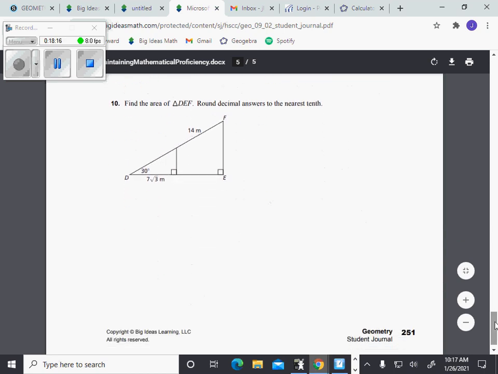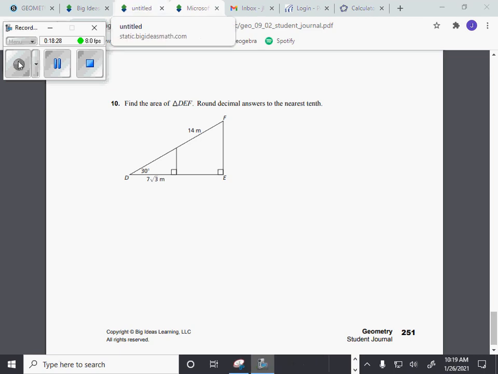Number 10. Find the area of triangle DEF. Round decimal answers to the nearest 10. Okay. We have to break this down. This is broken down into 2 separate triangles. Right now, we're going to spend our focus on this triangle.